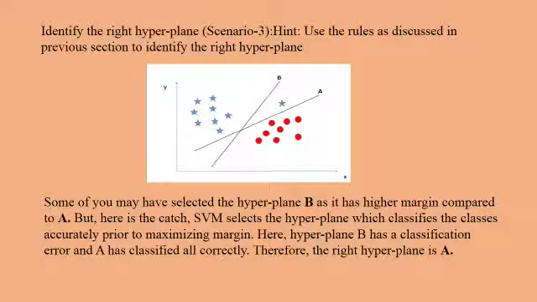In this diagram, some of you may have selected hyperplane B as it has higher margin compared to A, but in this case, SVM selects the hyperplane which classifies the classes accurately prior to maximizing the margin. Here hyperplane B has a classification error and A has classified all correctly. Therefore, the right hyperplane is A.